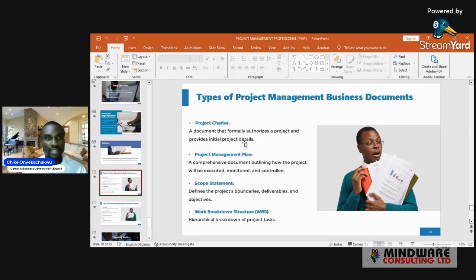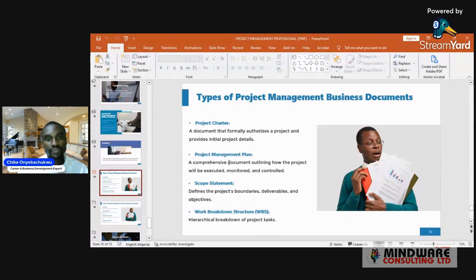It houses the needs, the justification, the stakeholders, the sponsors, the objectives, the budget, everything about the project. And then, most importantly, it authorizes the project, right? If you're working within the context of an organization, it gives the project manager the mandate to apply organizational resources to that project.